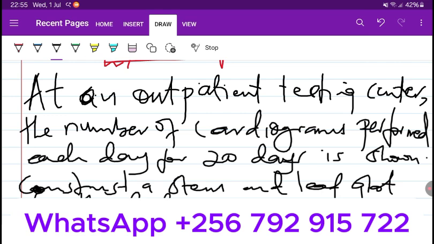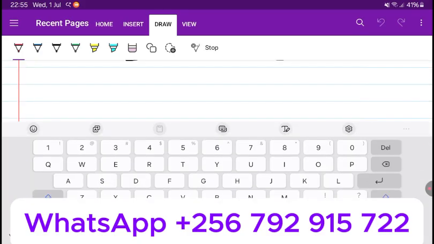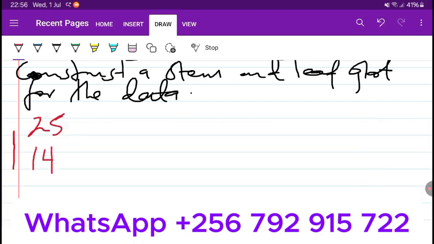So let's now look at the data set that has been given to us in the question. We are going to write them in rows and columns as if they are a matrix, just like the way we've been presenting our data set. So let's start with 25, 14, 36, and then 32.